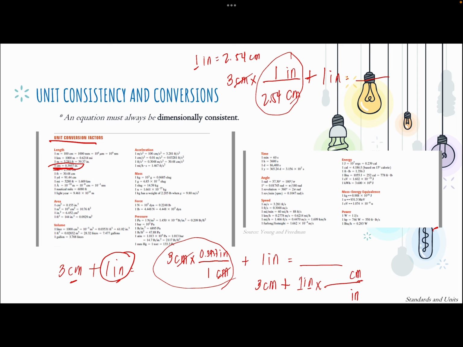Then, sa taas, cm. Para makancel yung units. Then, you copy the unit conversion factor. Ang ilalagay mo sa tabi ng inch ay 1. Ang ilalagay mo naman sa tabi ng cm ay 2.54. Then, you may now input that in your calculator. Okay?